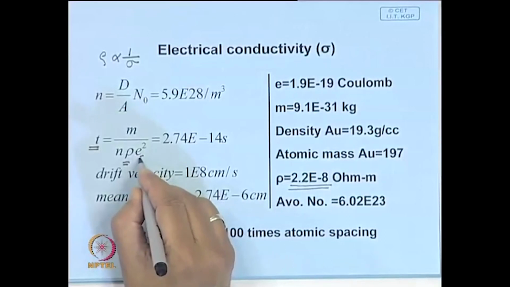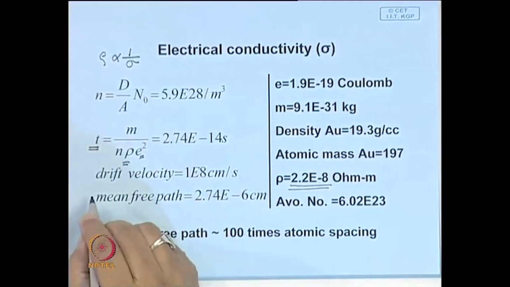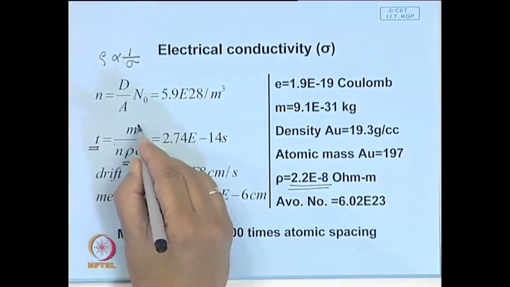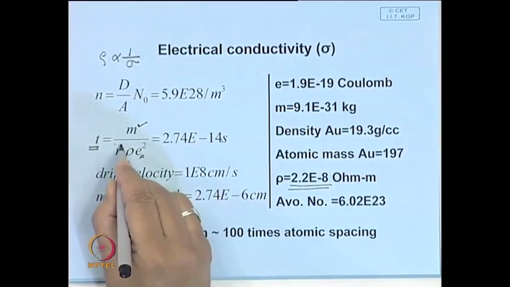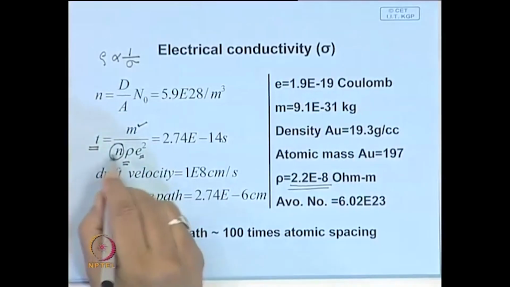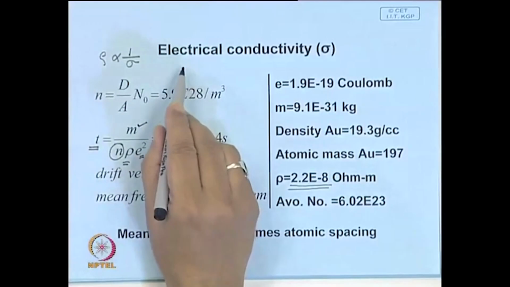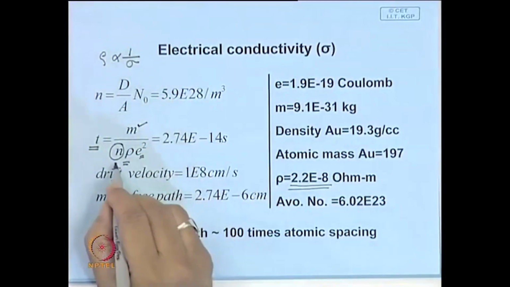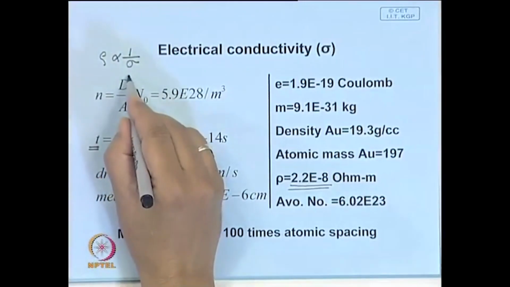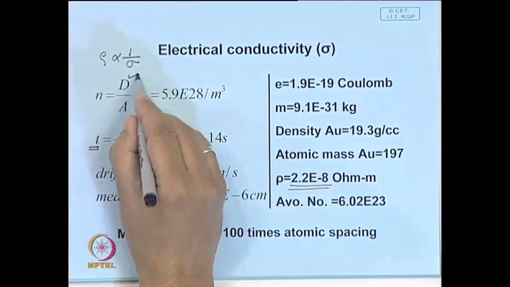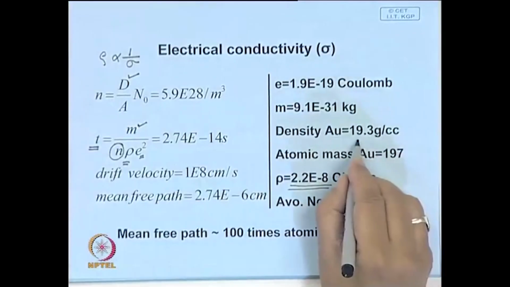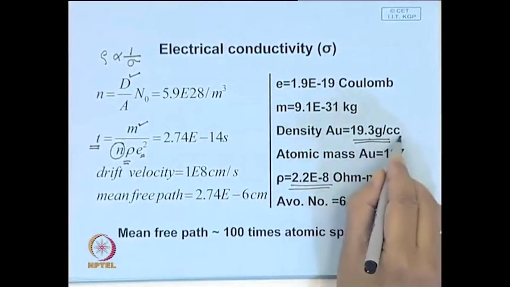Now, the charge of an electron is a constant which is known. What you need to calculate here is n, because m is also constant and known. How do you calculate the number of electrons which take part in conducting electricity? One way is to find it out from density. The density of a metal is known. Suppose the density of gold is D, which is around 19 gram per cc.